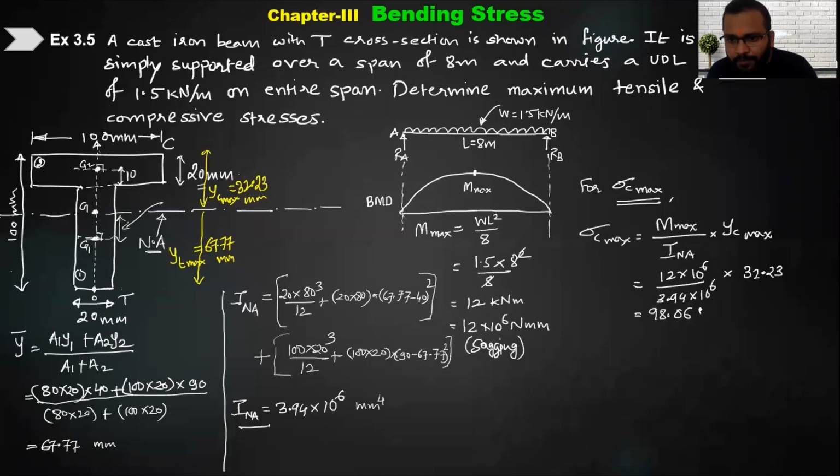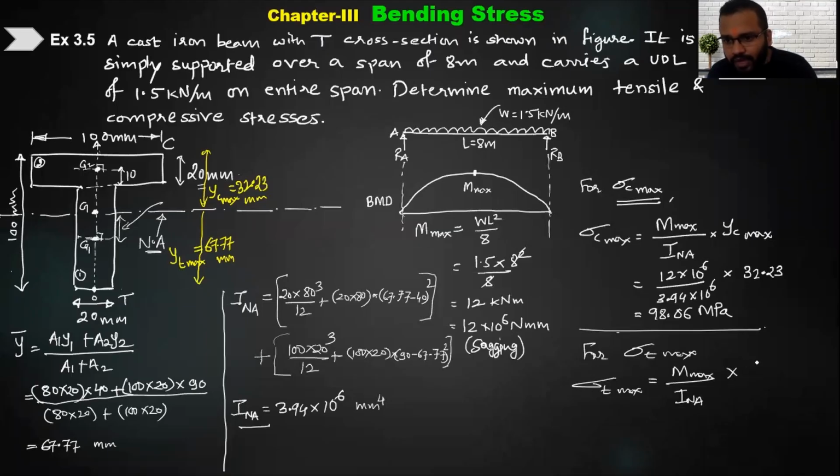98.06 MPa, right? We can write it directly. And we will write this as positive, since it is sigma C. Now for sigma T maximum, what is the formula? Sigma T maximum is equal to M maximum upon I about neutral axis into YT max.